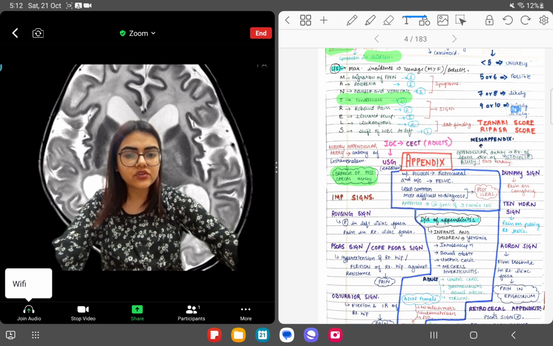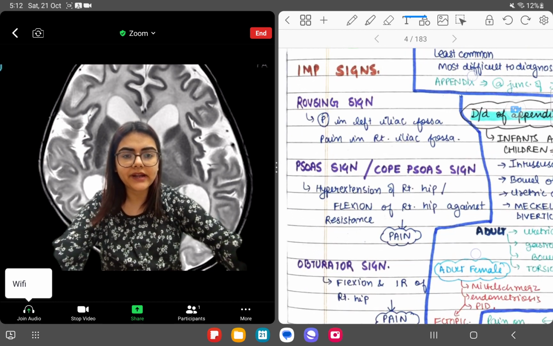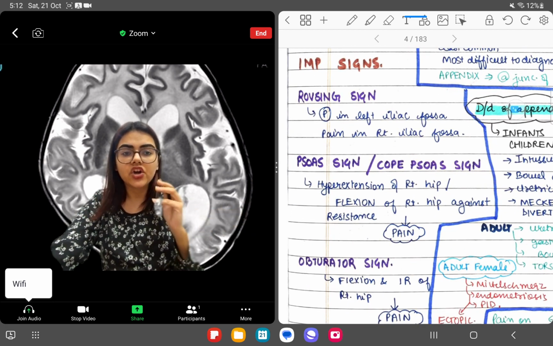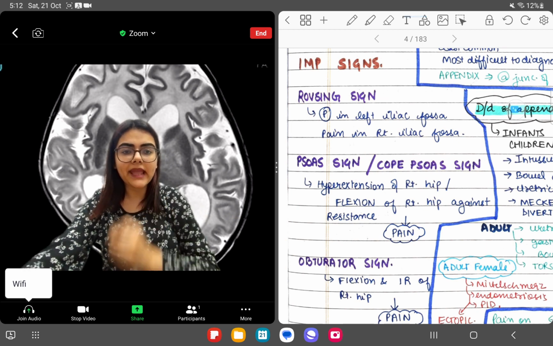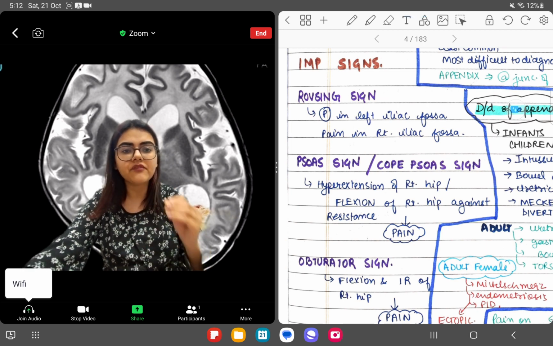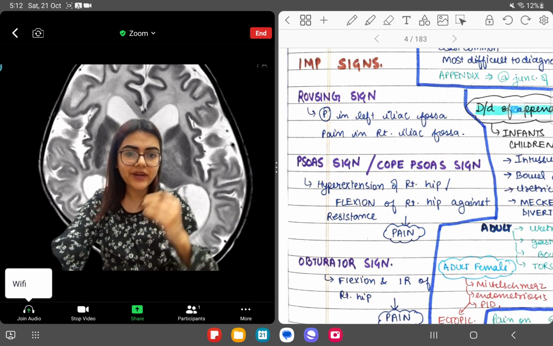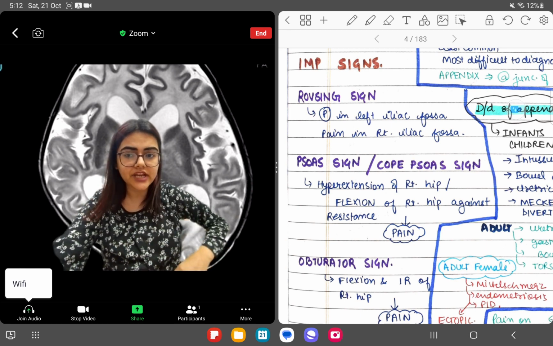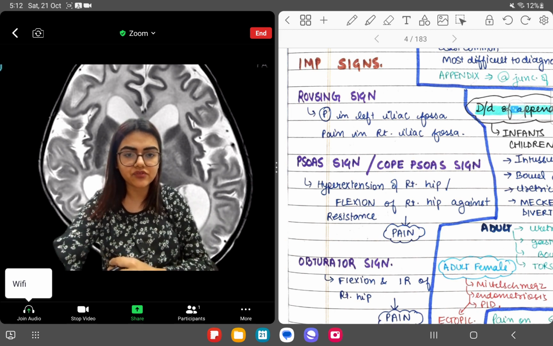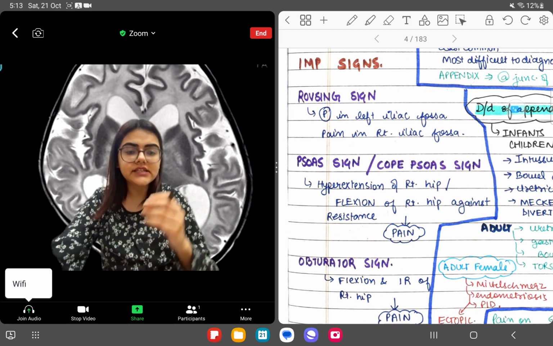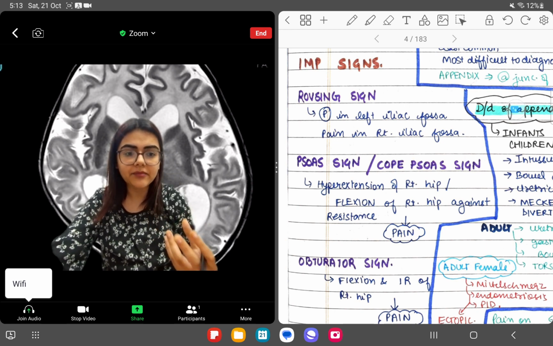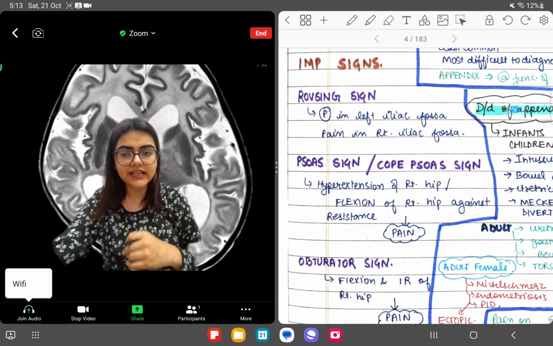Now we will talk about the important signs of acute appendicitis. There is a Rovsing sign. Rovsing sign means when you press the left iliac fossa, it will cause pain in the right iliac fossa, okay. And Psoas sign or Cope's Psoas sign is hyperextension of your right hip, or flexion of the right hip against resistance.